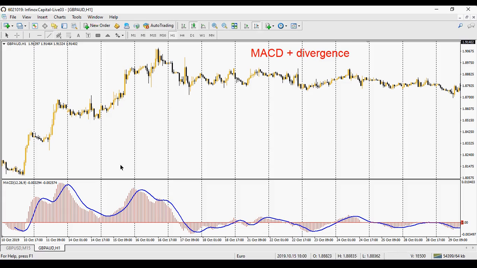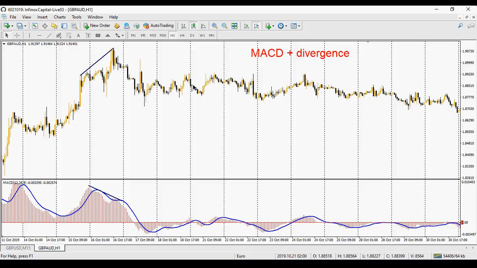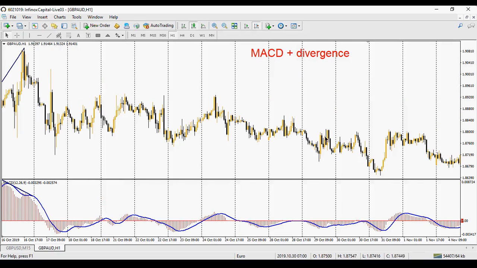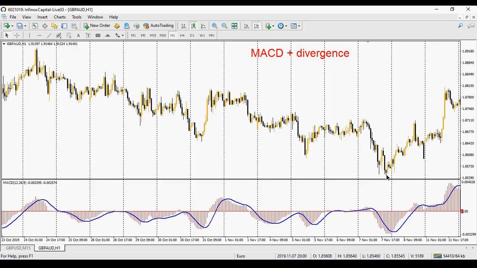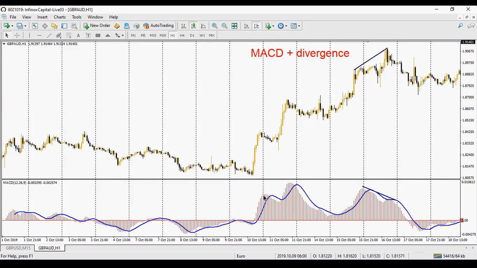When it got to this place, what happened? MACD started coming down, and price was still going up. After that, price dropped, and it dropped for a long time.